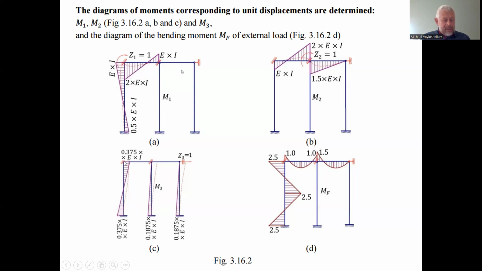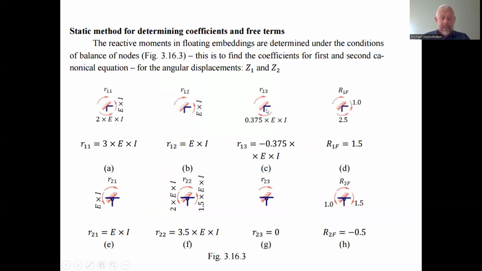And this is the magnitude, and due to the balance equations, we have R13, the rotation moment, in accordance with the conditions of the balance, using the static method of determination. This is the static method of determination of the factors and the free summands of the balance equations of the displacement method. So we find that this is minus 0.375 product by E by I.